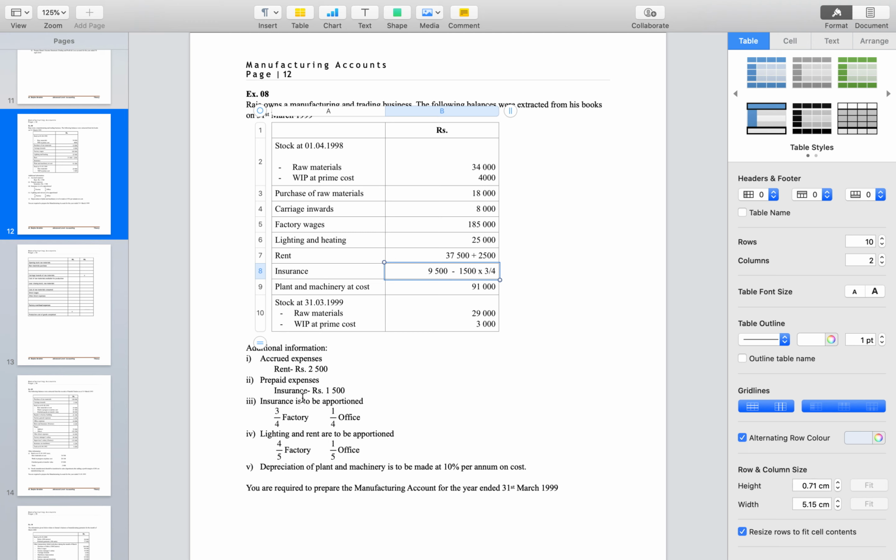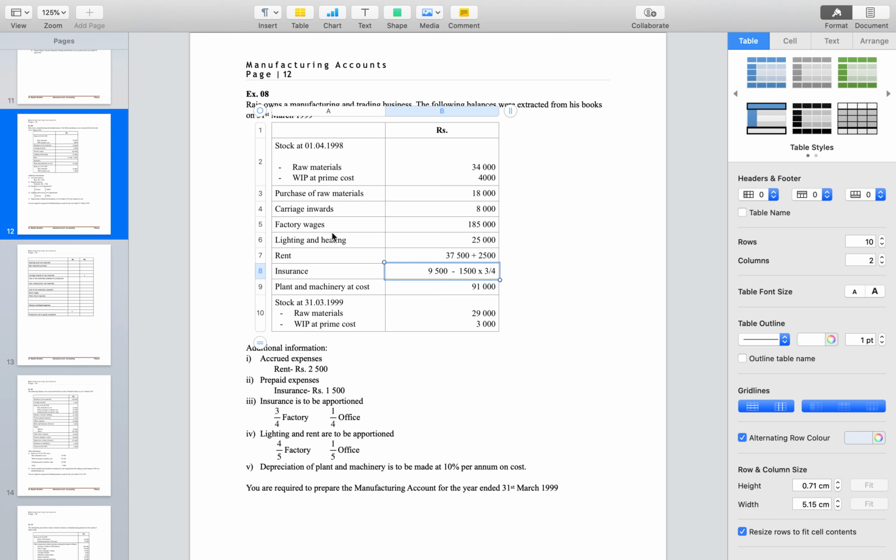Right, next one, lighting and rent. There are two expenses over there, to be apportioned 4/5 to the factory and 1/5 to the office. So again, remember, though they have given you two sets of fractions, only the factory's fraction should be calculated and marked. This 1/5 can be ignored because this is going to the income statement.